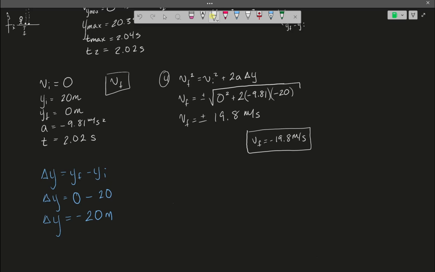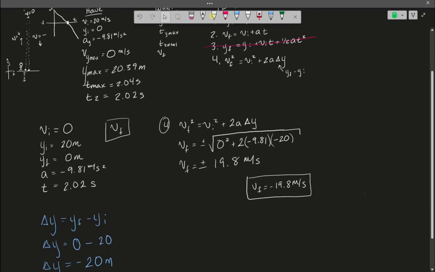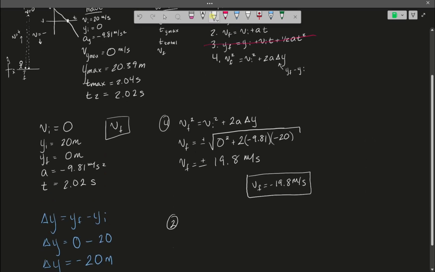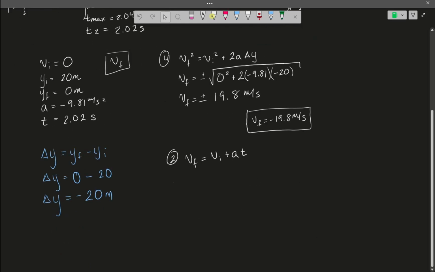We can double check this with equation 2, right? So equation 2 was final velocity is equal to our initial velocity plus acceleration times time. We should automatically get the directionality out of this equation because there is no square root, meaning that the answer that we get should be negative.